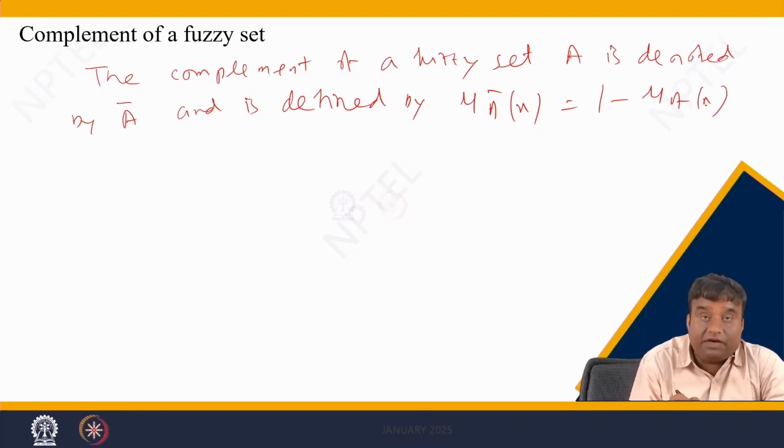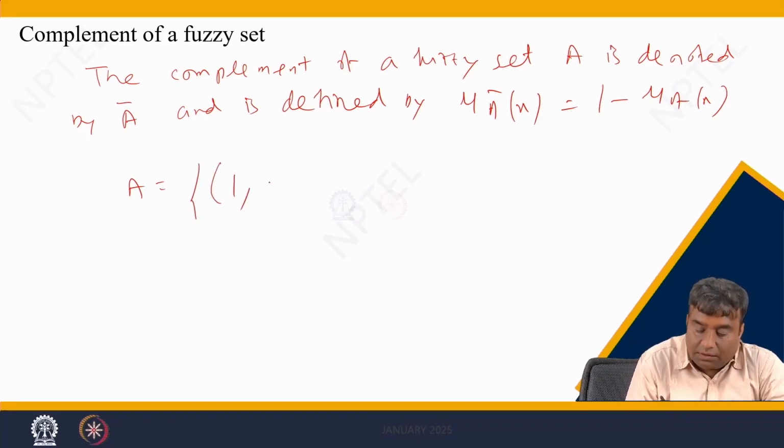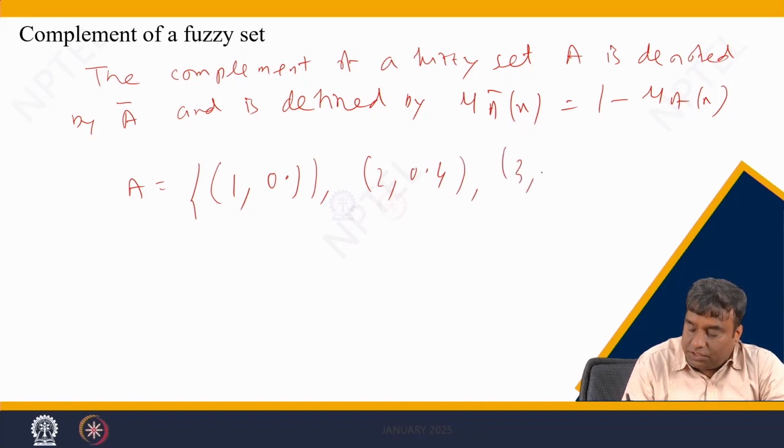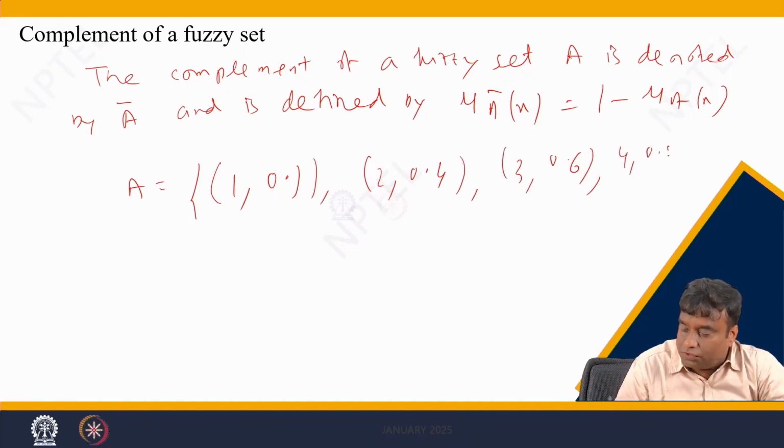So let's define a fuzzy set A: 0.1 by 1, 0.4 by 2, 0.6 by 3, 0.8 by 4.